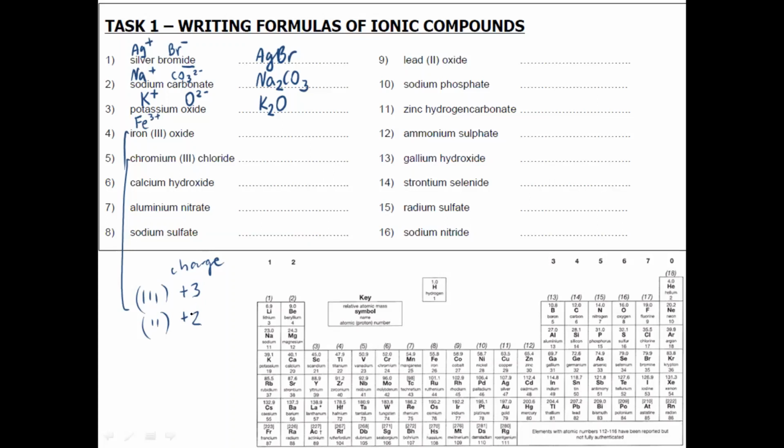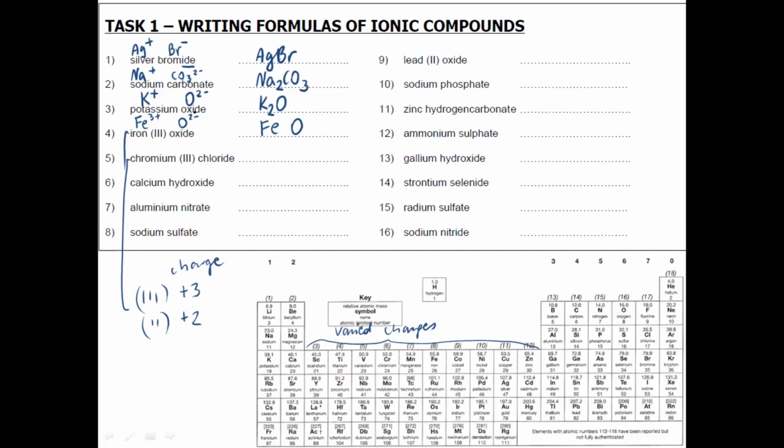Why do we have to have that in the bracket? Because they've got varied charges. You can have different charges for the transition metal ions. And oxide is always 2 minus, so it's O2 minus. So now if I put Fe and O, that's 3 plus, that's a 2 minus, I'm going to have too many pluses, right?